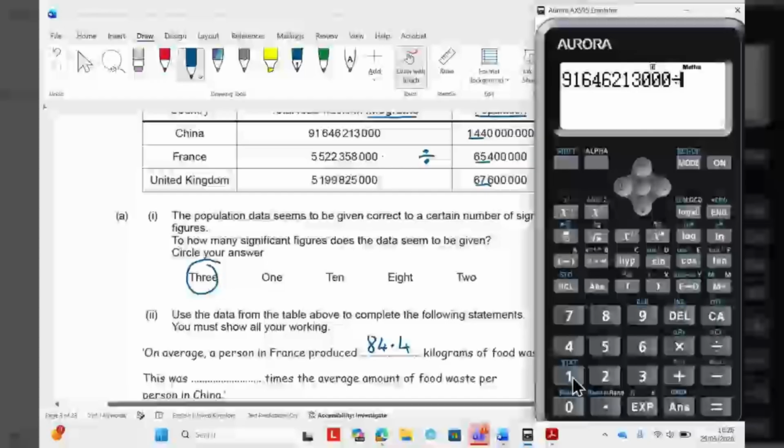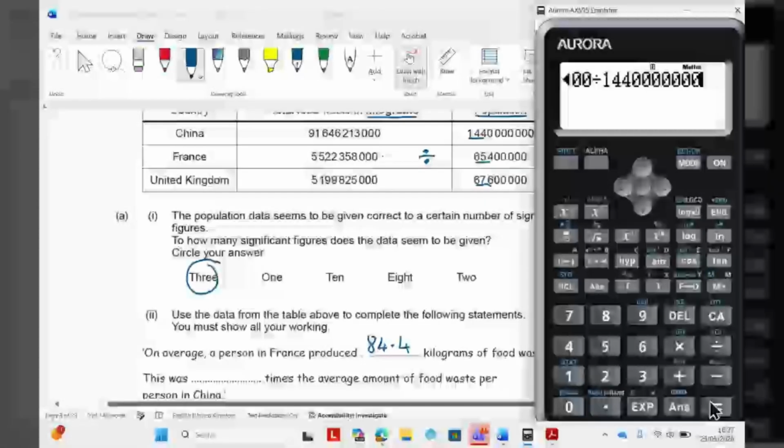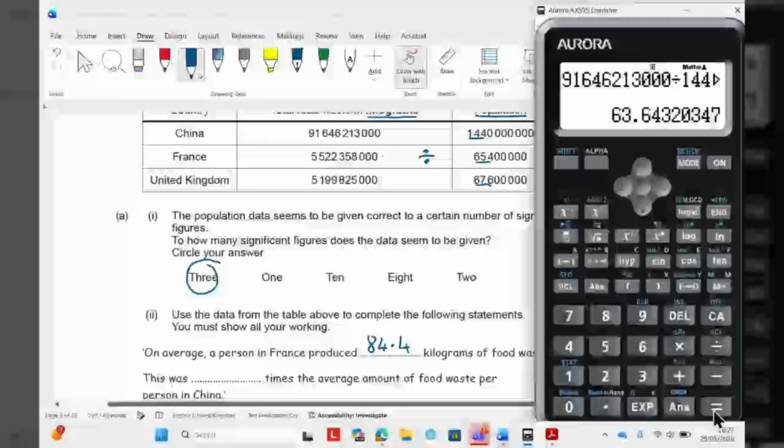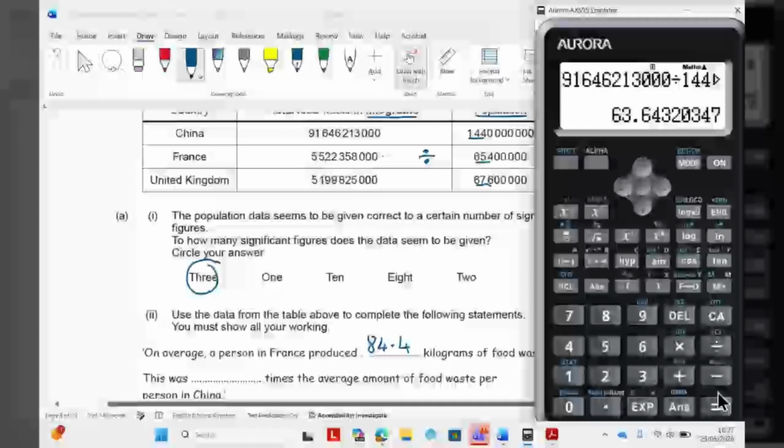They've got 1,440,000,123 million. Okay, equals. That's strange, isn't it?